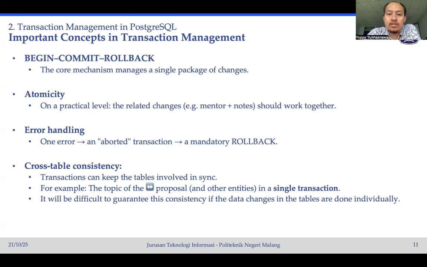Those changes in the proposal and those changes in notes must work together. If one or more operations inside that block fail, then all of them must be cancelled together.